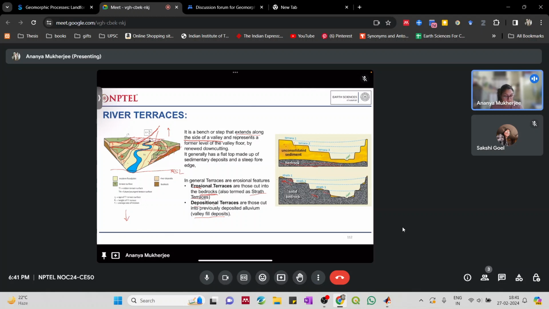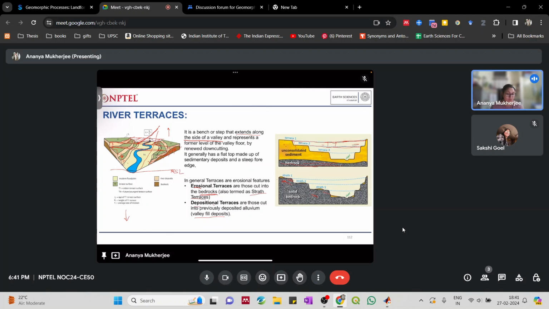So this is your terrace one. In the beginning maybe the river was flowing at this elevation level. Okay, and then with time erosion must have taken place and the development of the floodplains had happened, and maybe due to a change in the slopes due to uplift either in the upstream or the downstream region, a second terrace formed.